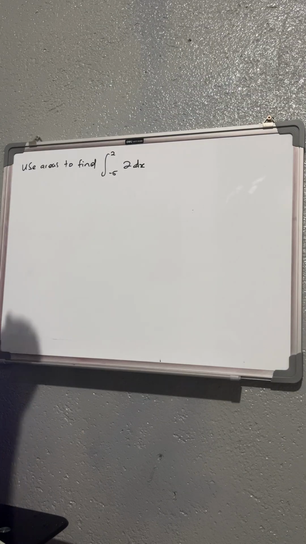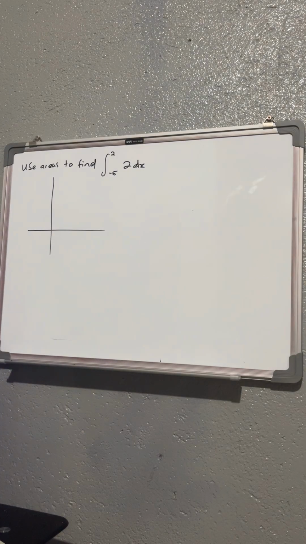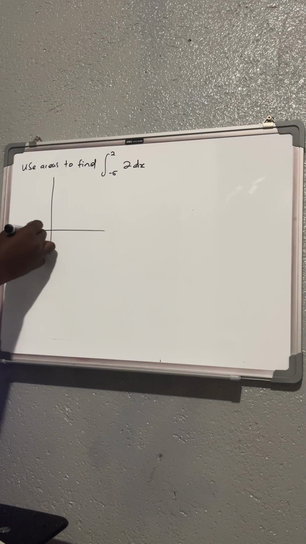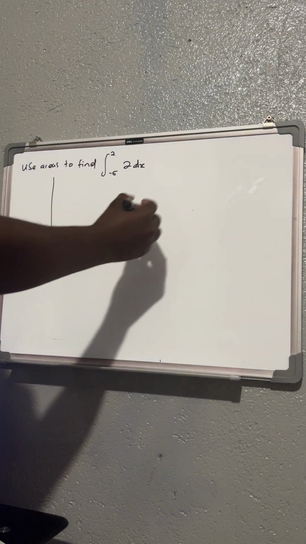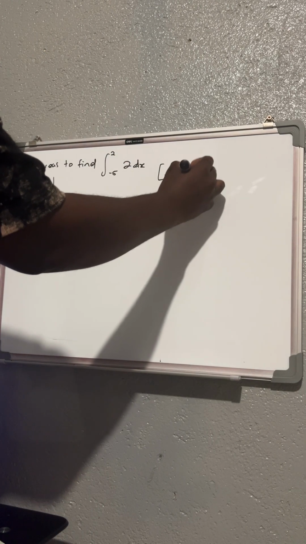So if we are going to solve this one using a Cartesian plane, how is it going to look? Remember, the restriction is going to be between minus 5 and 2.